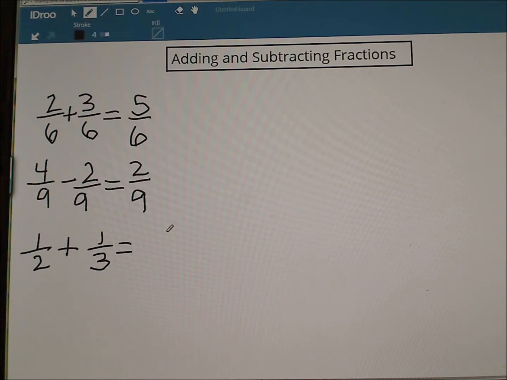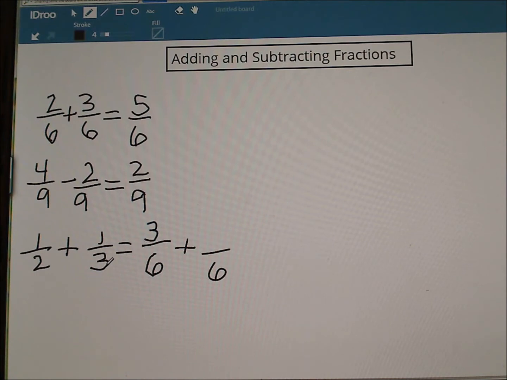So that means I need to change each of these fractions so that they have a denominator of 6. What I must consider is how the denominator goes from 2 to 6 through multiplication. Well, 2 times 3 gives me 6. So because I have to multiply the denominator by 3, I must also multiply the numerator by 3. So 1 times 3 is 3.